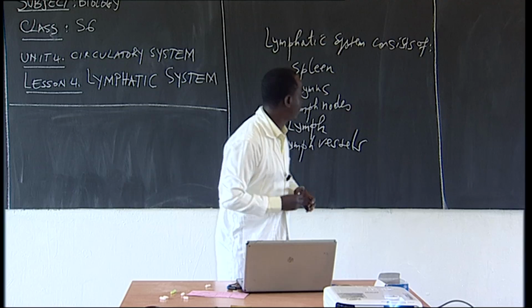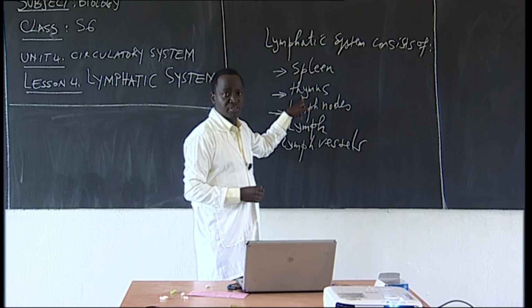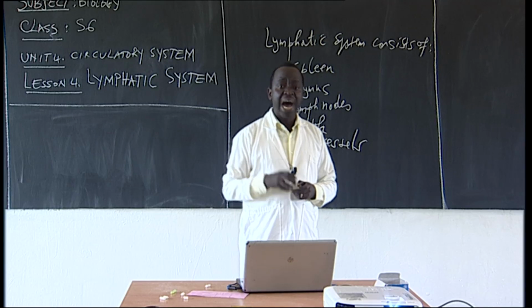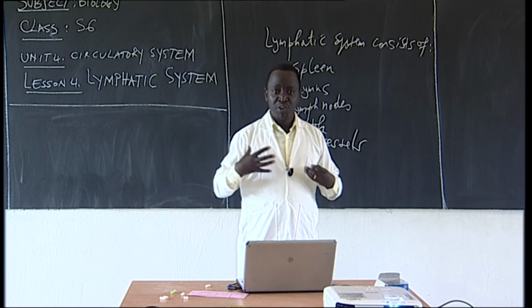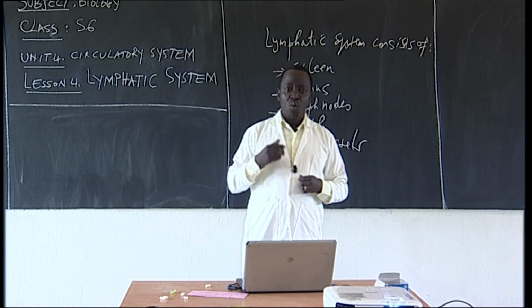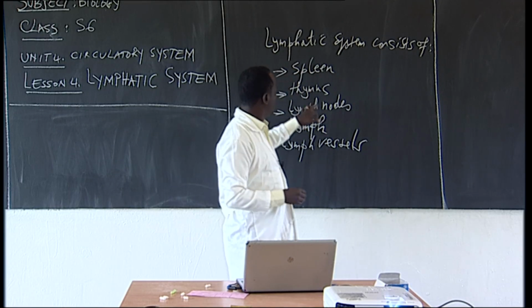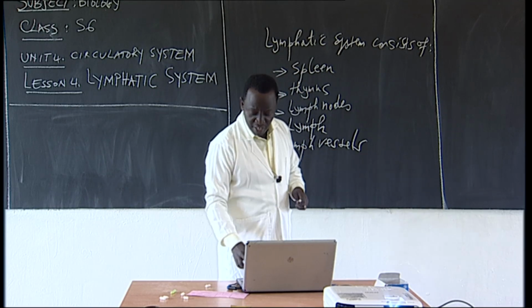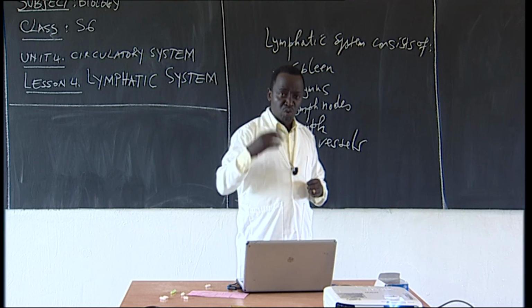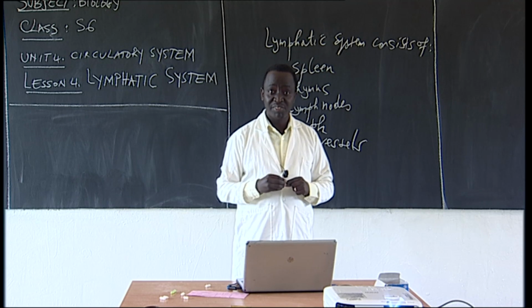Then we have the part known as the thymus. The thymus is very developed in early childhood. It is found here in the sternum. What is the role of this thymus? It helps in the generation of T cells.